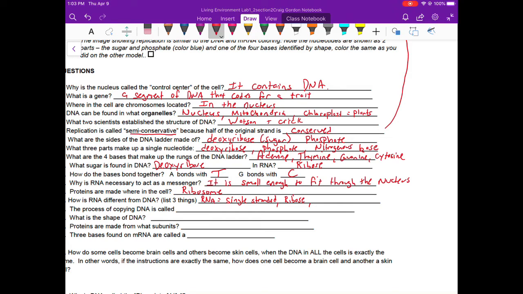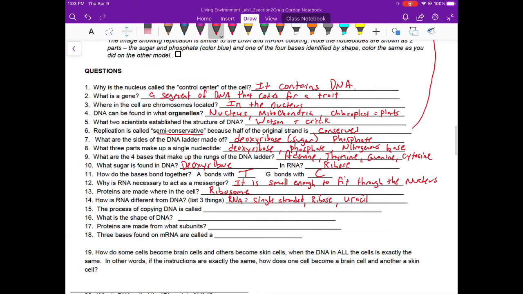And lastly, it contains the base uracil, whereas DNA has thymine. The process of copying DNA is called replication, also called PCR, but we'll get to that later. What is the shape of DNA? It is a double helix, alpha helix, double-stranded.